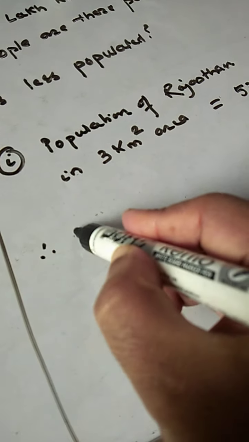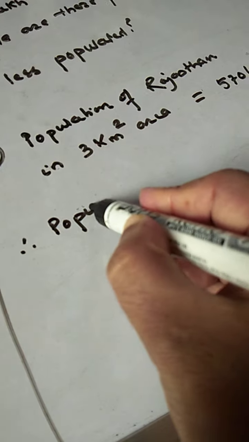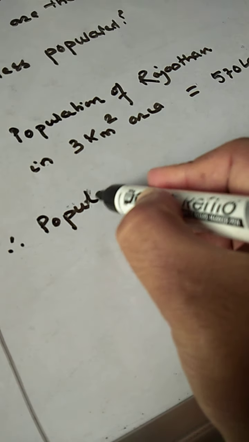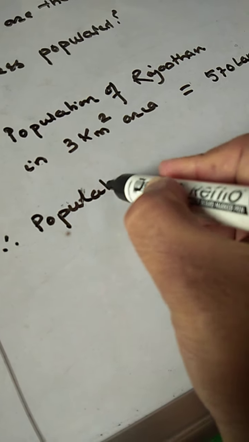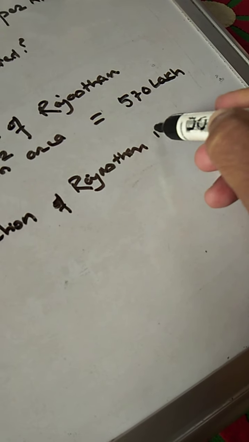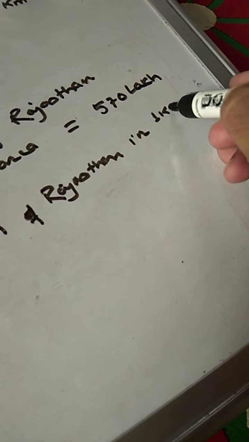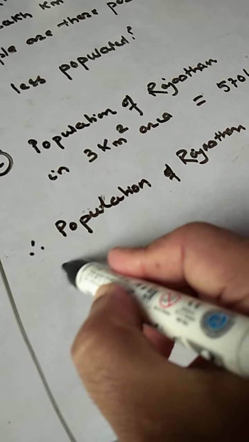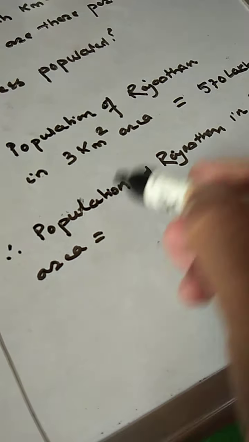So what will we write? Therefore population of Rajasthan in 1 kilometer square area would be what?